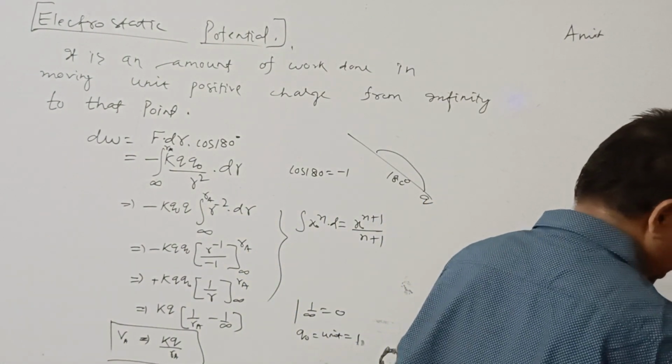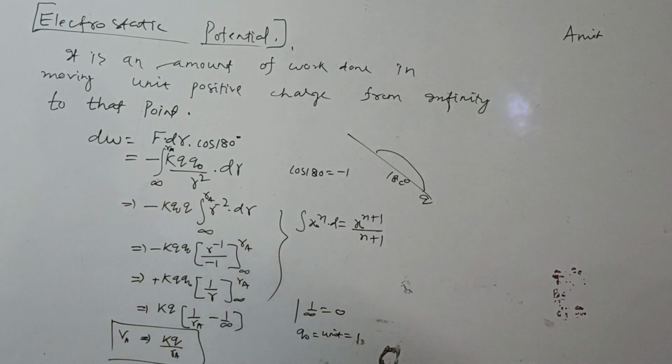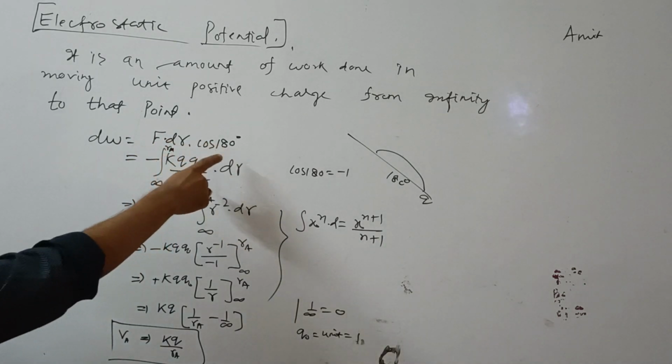What it actually says is that it is an amount of work done in moving unit positive charge from infinity to that point. We know the work done is force into displacement.